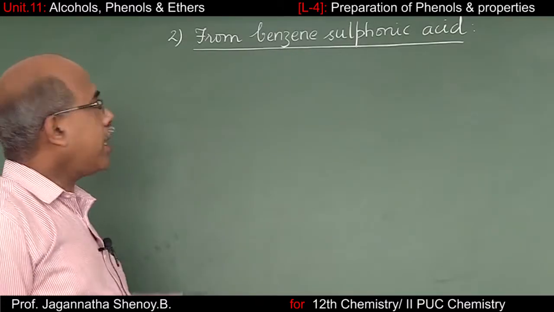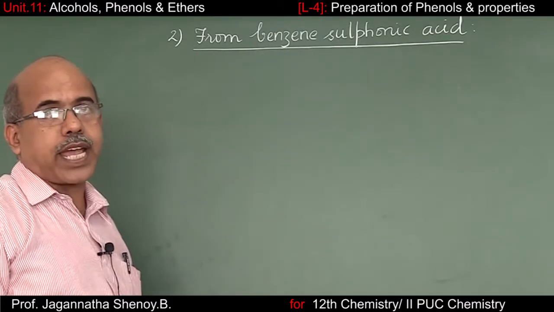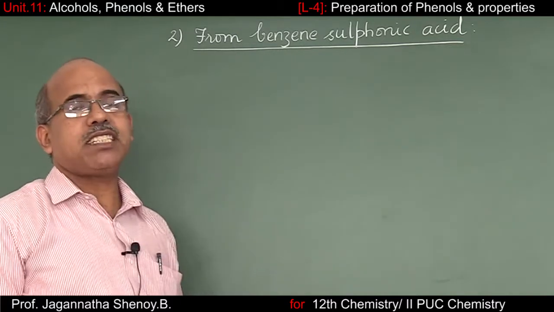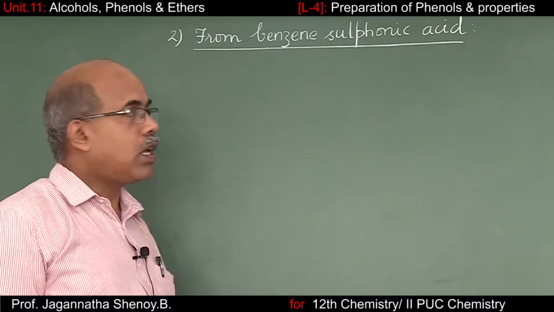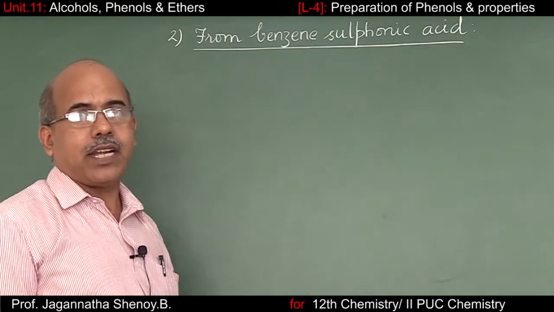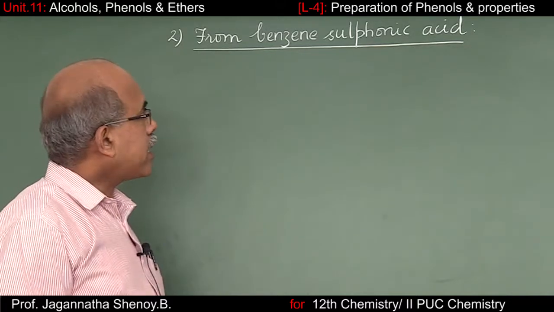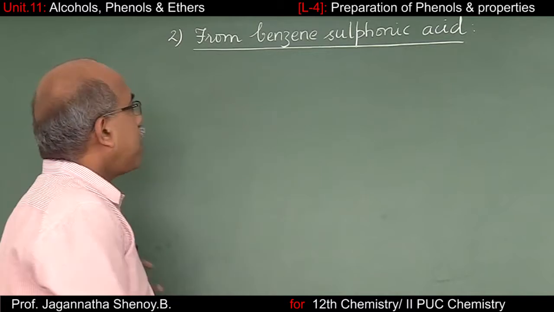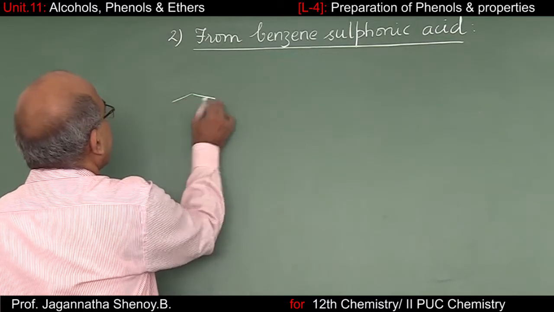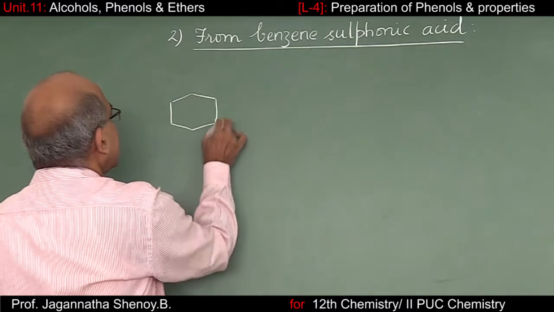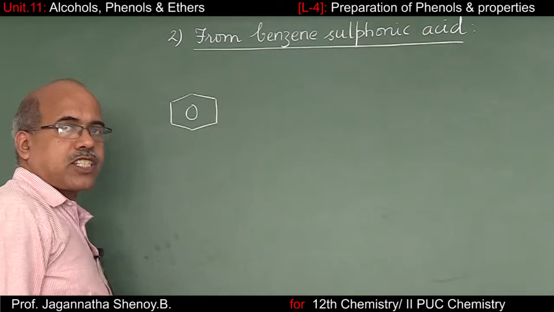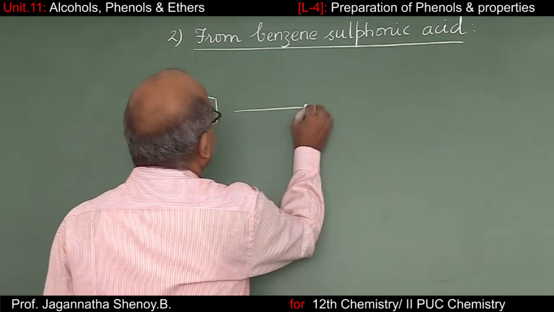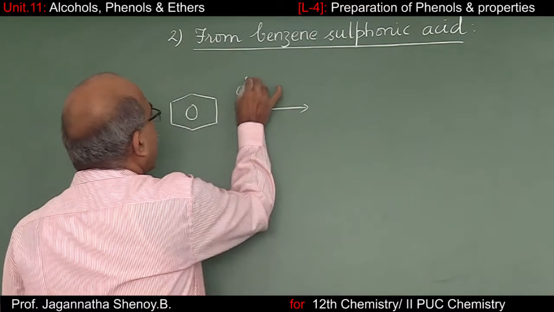Second method is starting from benzene sulfonic acid. We can start directly from benzene sulfonic acid, but in the examination they'll ask you, how do you convert benzene into phenol? That's why instead of starting from benzene sulfonic acid, we start from benzene. In the first step, benzene has to be subjected to sulfonation. For that, I can make use of oleum.